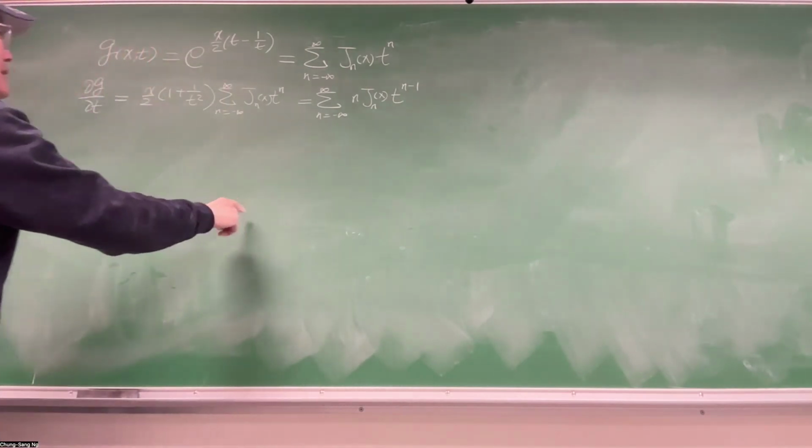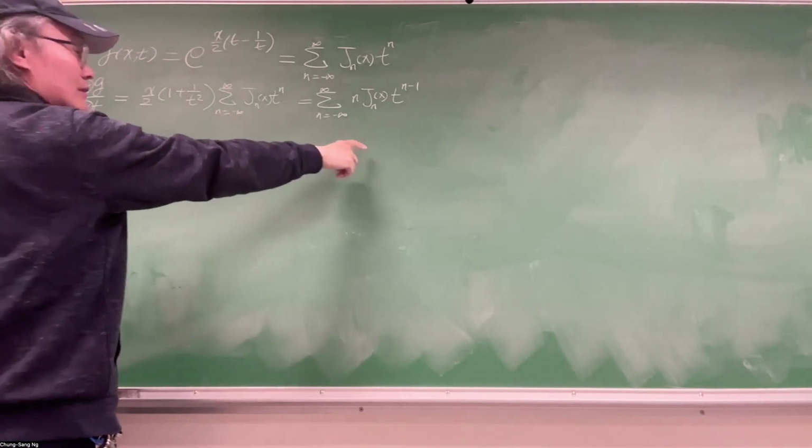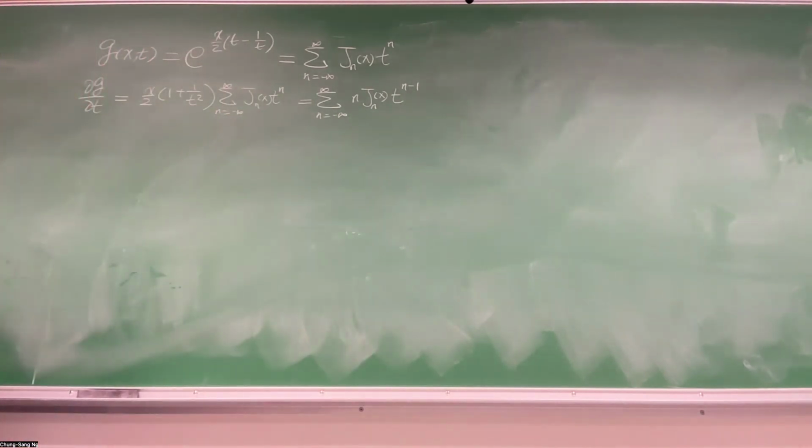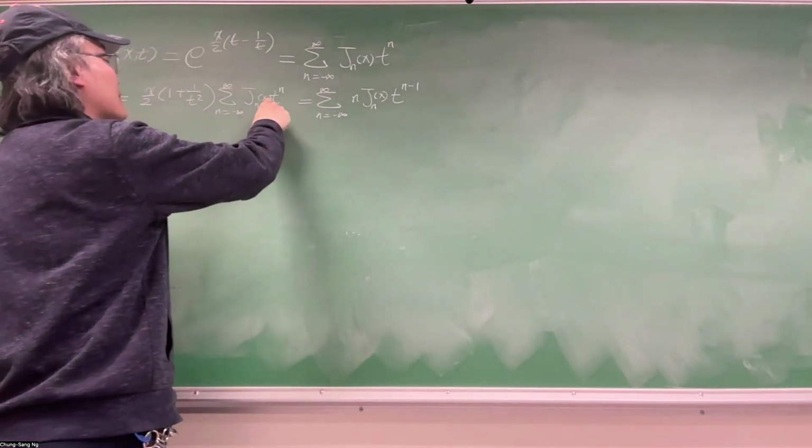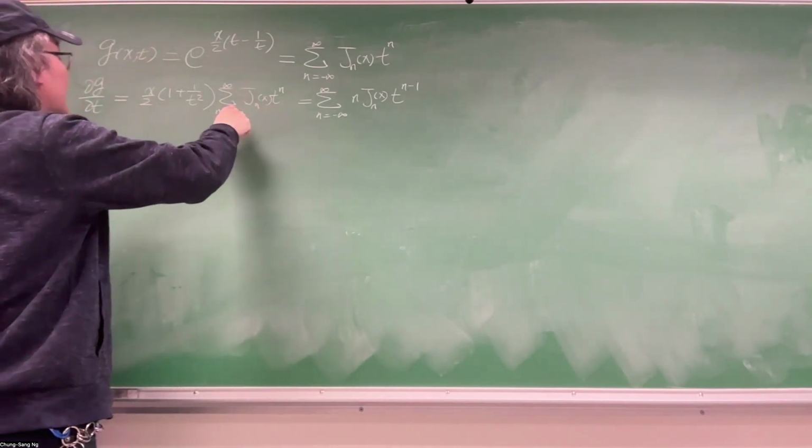To compare the coefficients of the same power, you want to shift the index so that they have the same dependence on t.